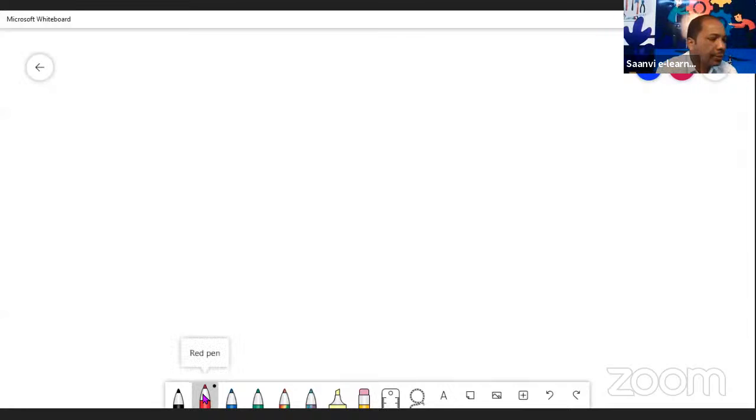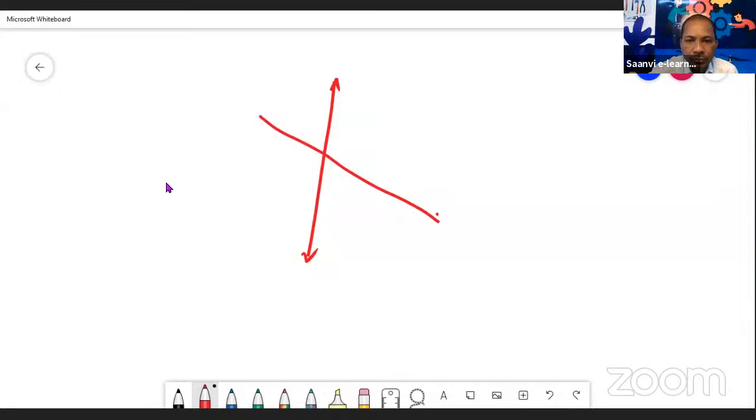Okay, see here the figure is given. The figure is given like this.